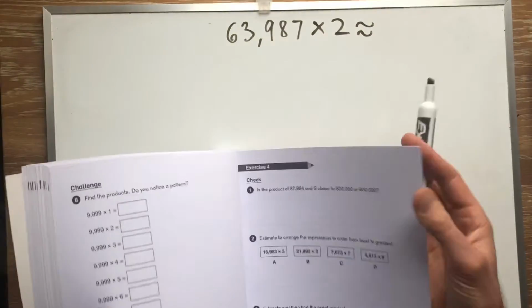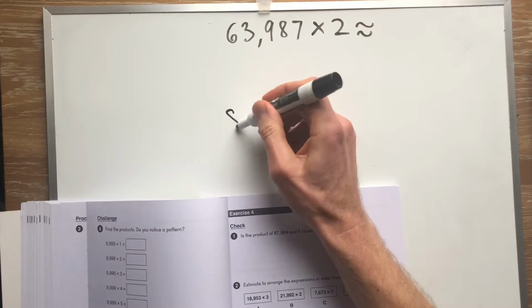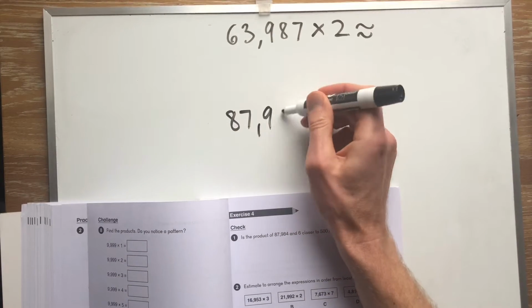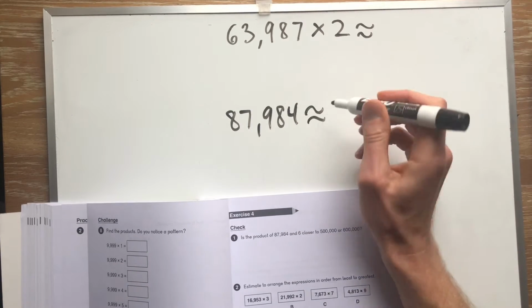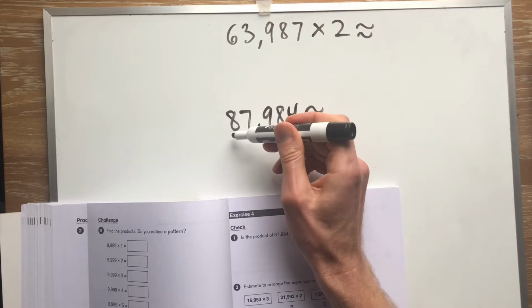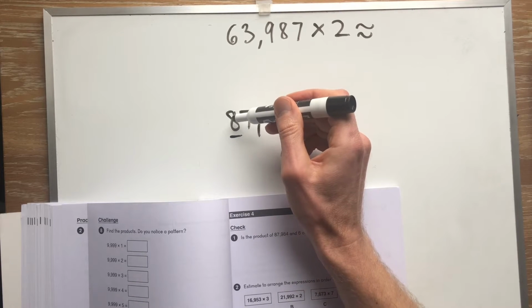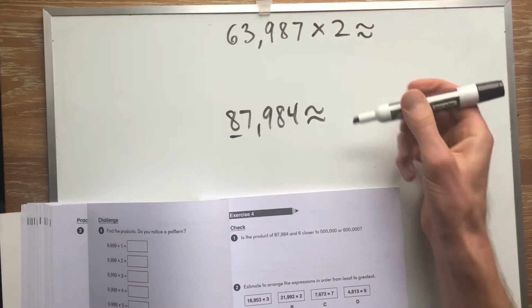Let me show you, before I go into this problem, what that looks like. 87,984, I'm going to round to the nearest 10,000. Will it stay on the floor at 80,000 or go up to 90,000? I look next door, 7, goes up.